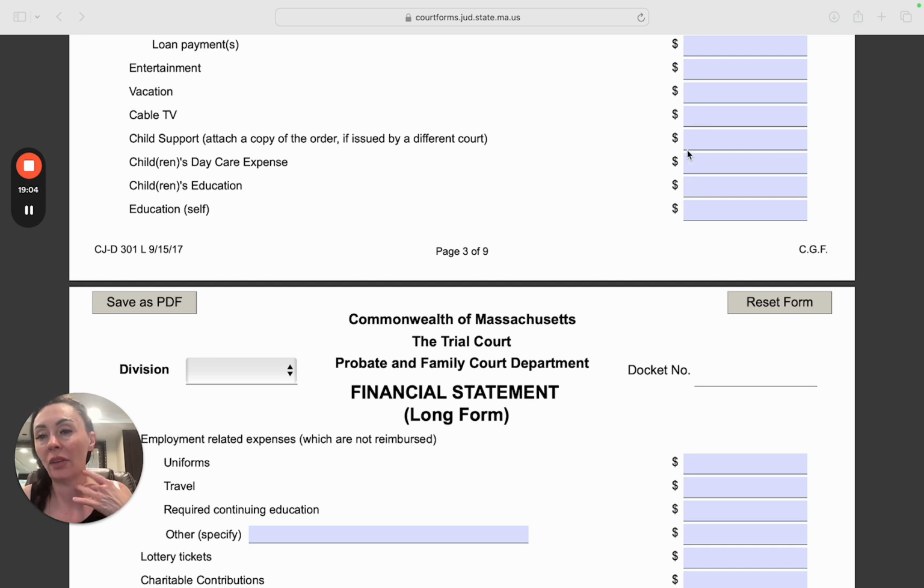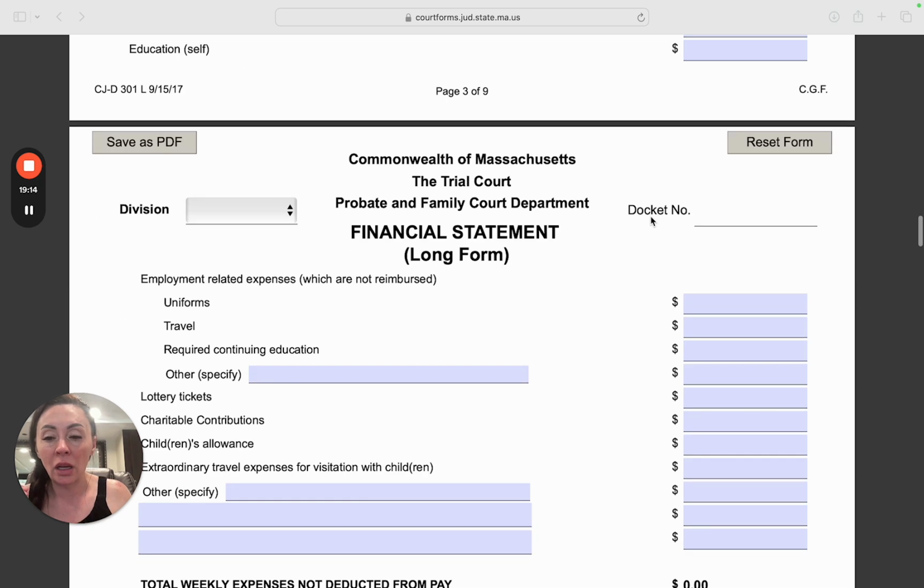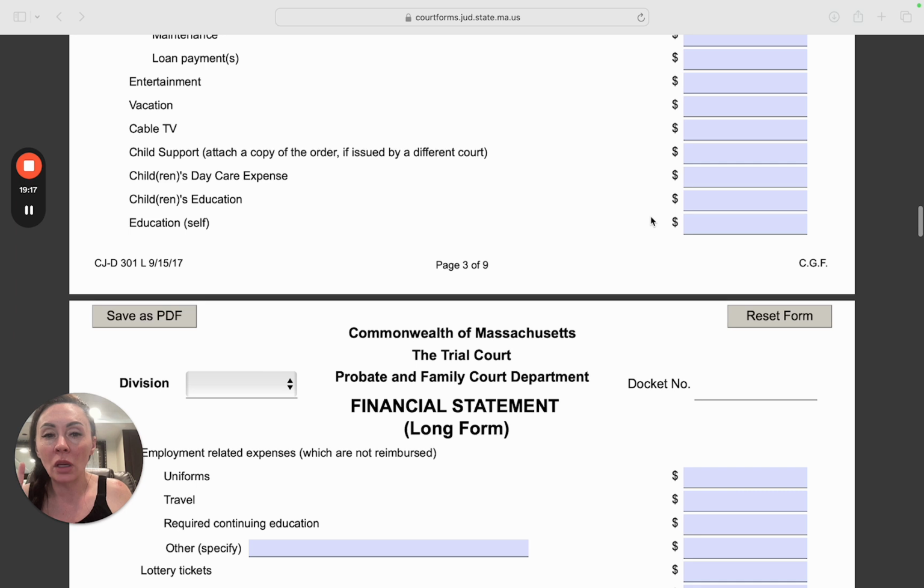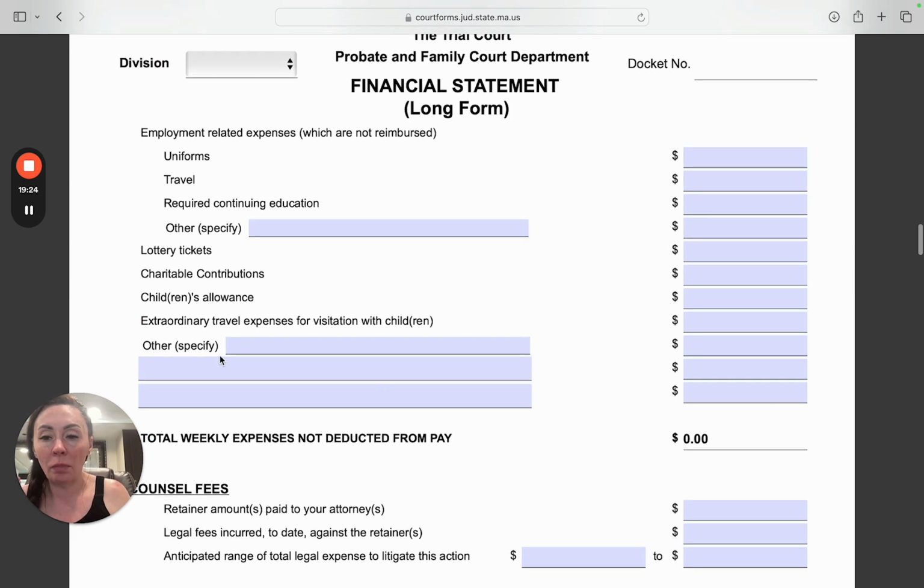Most people who have any kind of a cable TV package have the internet and maybe a landline bundled in. If you've got bundled services, what you probably want to do is put 0 here, and then down below where it says other, you might put internet, for example, cable TV, phone, or a lot of the times they have an alarm as well.